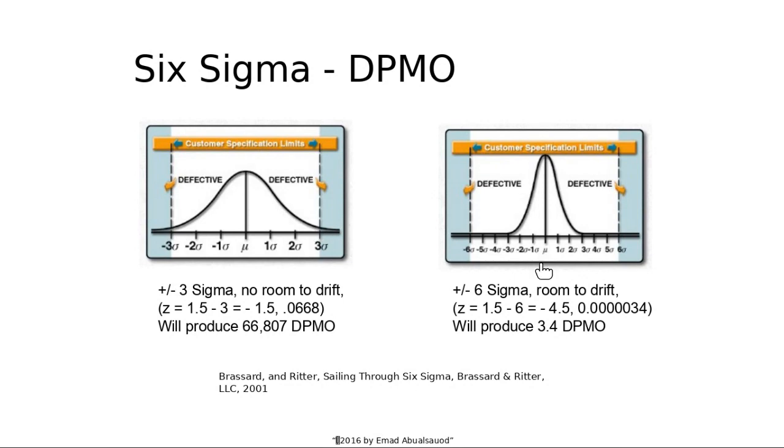Here in the Six Sigma level, most of the readings are away from the specification limits. That will give you room for freedom.